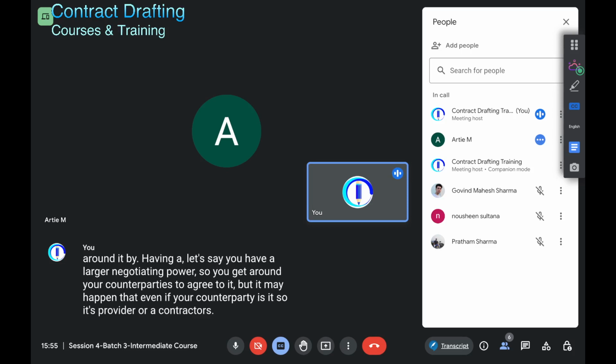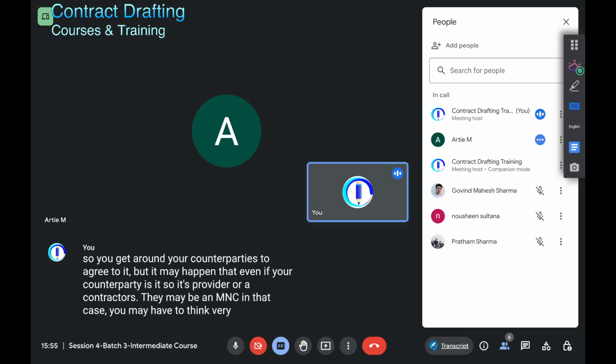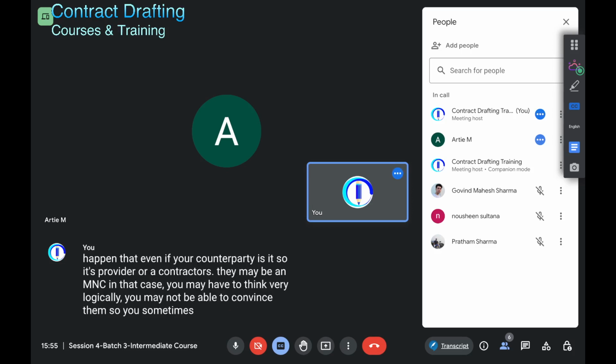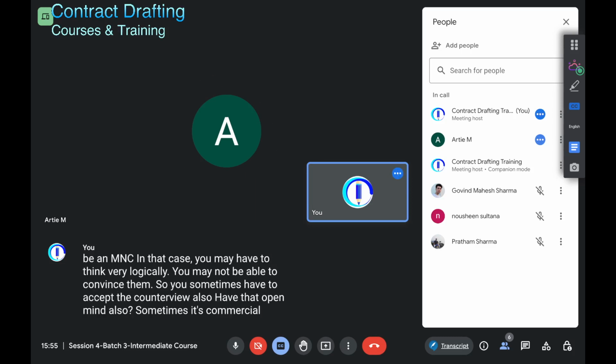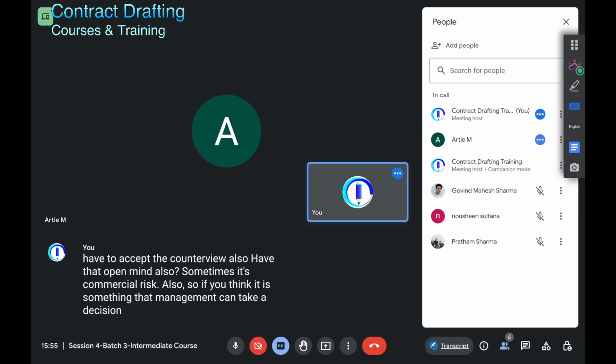In that case, you may have to think very logically. You may not be able to convince them. So you may sometimes have to accept the counter view also. So have that open mind also. Sometimes it's a commercial risk also. So if you think it is something that management can take a decision on, because management doesn't want to lose the business, so from that point of view also you have to consider.